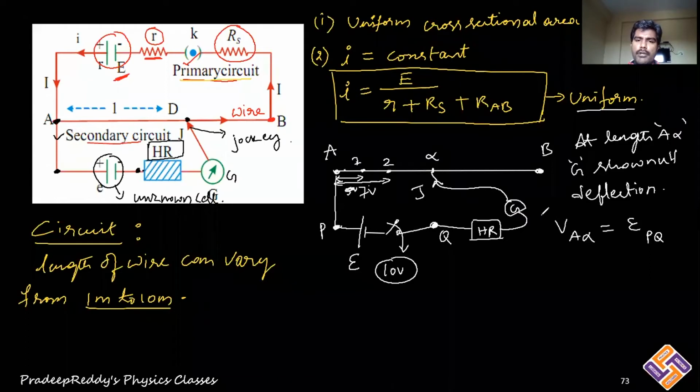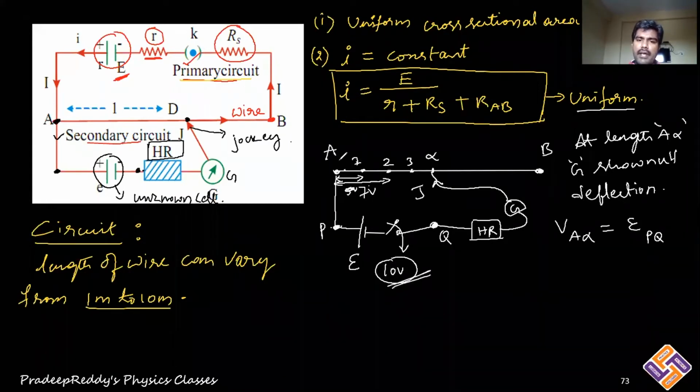As a result, what you will do? You will now remove that jockey from position 2 and change it to position 3. Then it becomes 8 volt. 8 volt is not equal to 10 volt. Then you will again slide it to position alpha. At alpha, you are shown null deflection in the galvanometer. What does it mean? At the bottom you have 10 volt which is connected in between PQ.